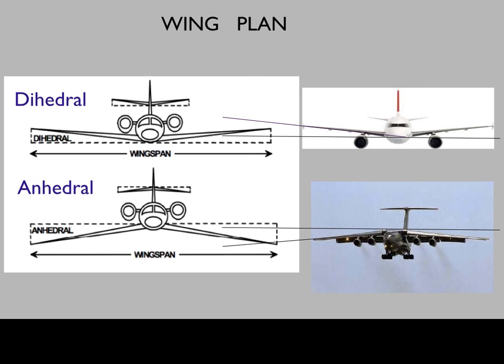Here in this picture, I have shown two examples, one of an Airbus 320 which has got a wing dihedral and an IL-76 which has got an anhedral. What are the advantages of such wing planforms is a subject for future discussions in future lessons.